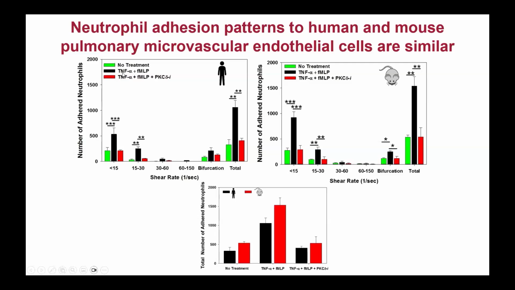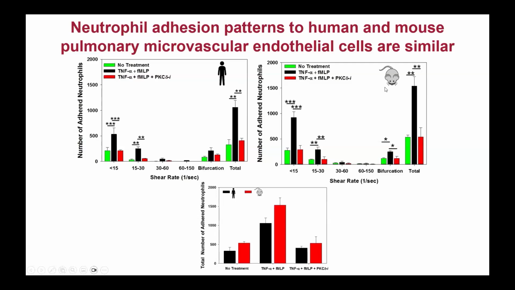When you upregulate this with TNF alpha and FMLP, you see that, as expected, the number of adhered neutrophils goes up. And then when you treat it with this PKC delta inhibitor, it goes back down. This is true of low flow vessels, but not so much at bifurcations, though the total is responsive.